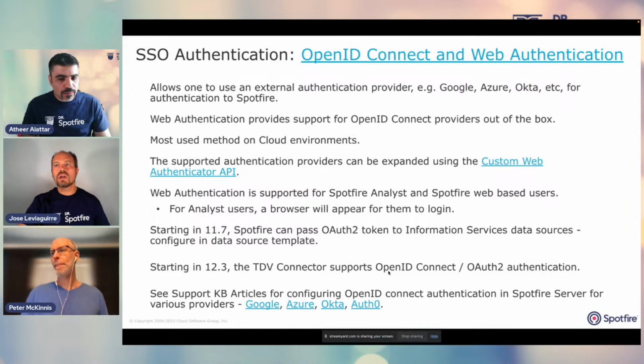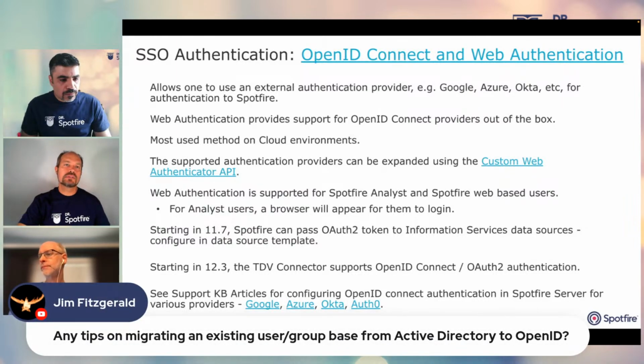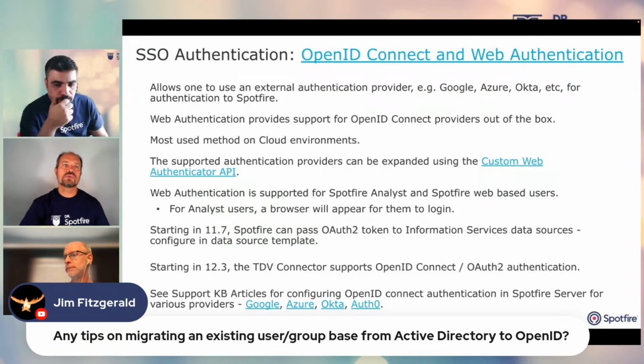We have a couple of questions from the audience. One of them is if there are any tips on migrating an existing user group based from Active Directory to OpenID. Well, it depends on what your OpenID is. A lot of people go from Active Directory to Azure. One of the key things is determining what your user directory is going to be. You can use OpenID with Active Directory, assuming, for example, you're using Azure and you have them synchronized together.